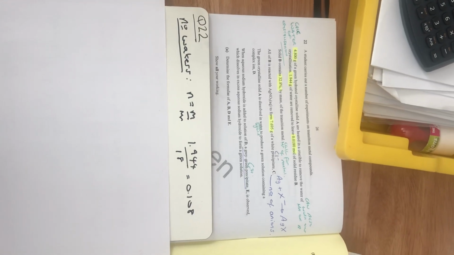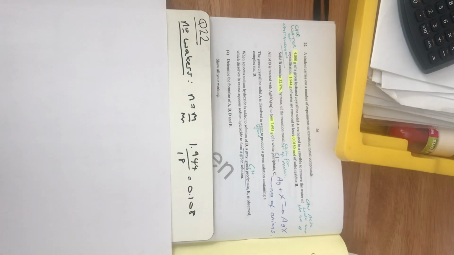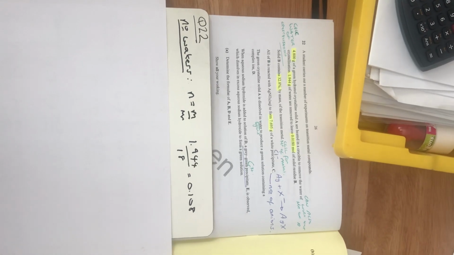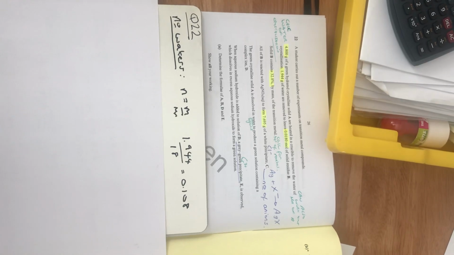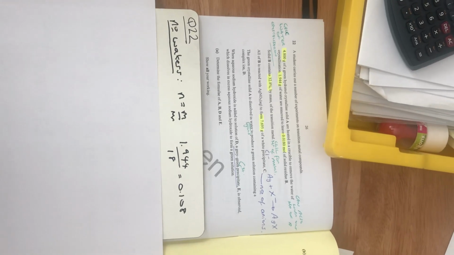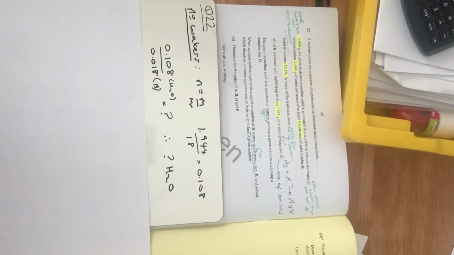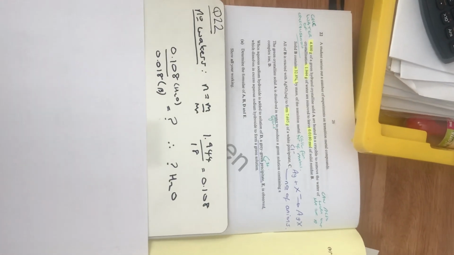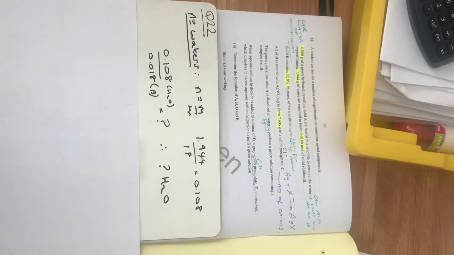So the top sentence is for you to calculate the number of water of crystallization, and also it could help you work out the MR of B. So with this one here, if you look at the number of waters, we can see that the mass of the waters was 1.944.